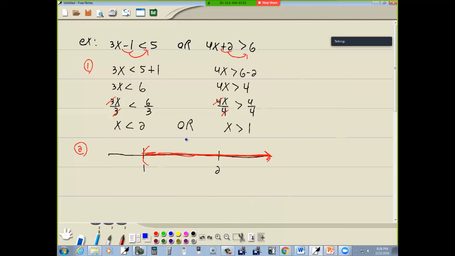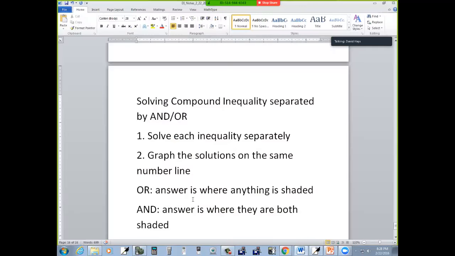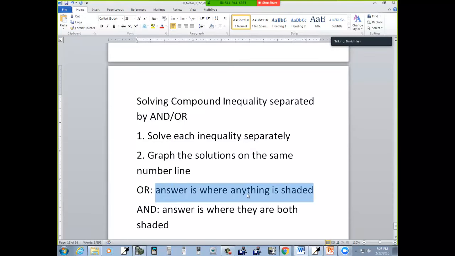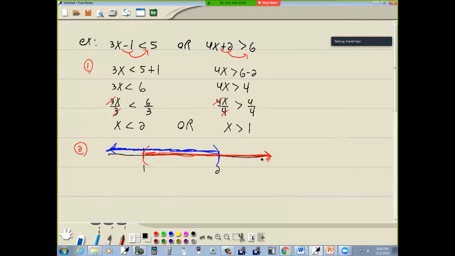Now x is less than 2. It'd be a parenthesis because there's no line underneath, and less than is going to negative infinity. So I'll shade this way. Now for an OR, our answer is where anything is shaded. Well, if you look at this, it's shaded everywhere. So our answer would be negative infinity to positive infinity.